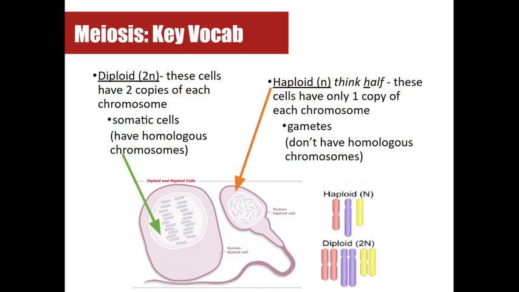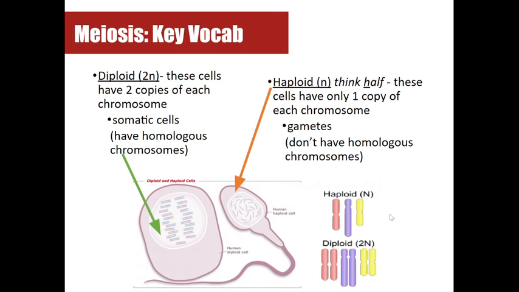Now, you also have your haploid cells, which are just represented by N. So think half for haploid. These cells only have one copy of each chromosome. So these are going to be your gametes or your sex cells, and they do not have those homologous chromosomes.